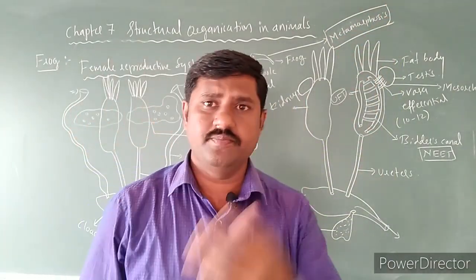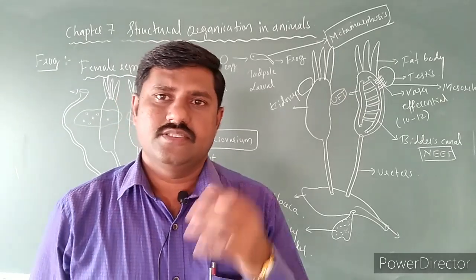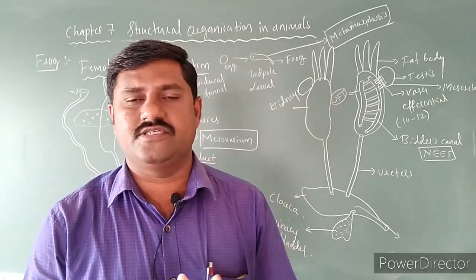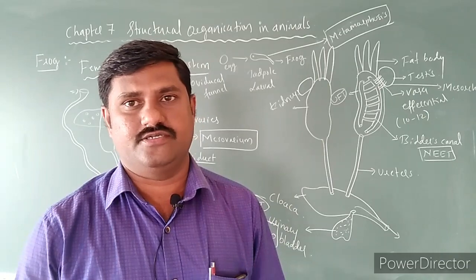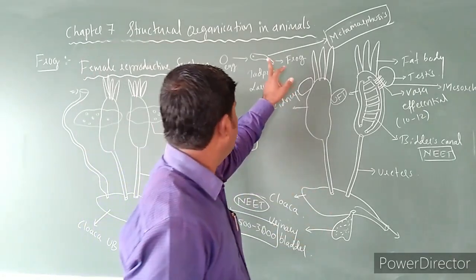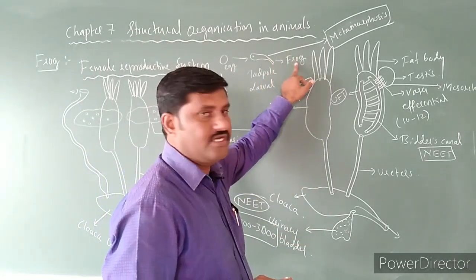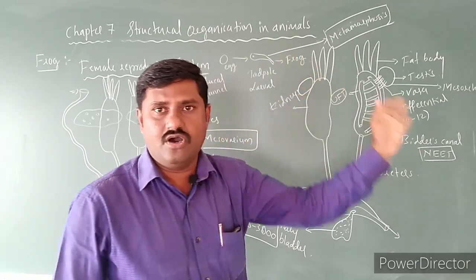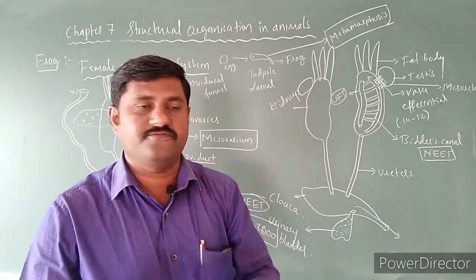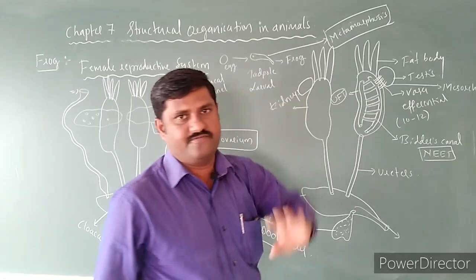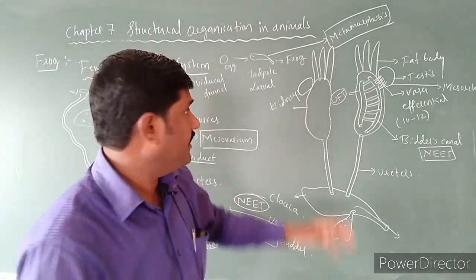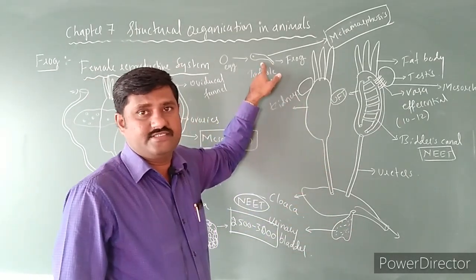Metamorphosis means what? There are some changes that occur. From the larval stage up to the adult stage, all those changes together form the metamorphosis. See here, in larval stage, the tadpole is like this.